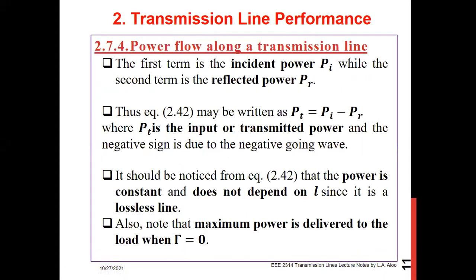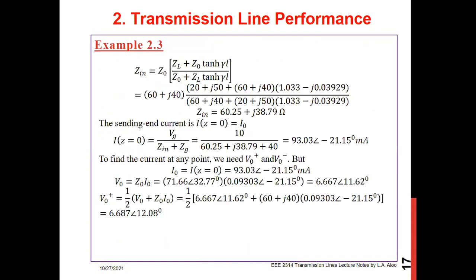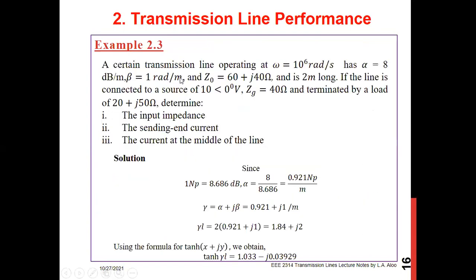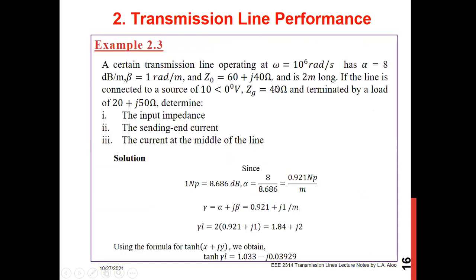And you can confirm again at your own free time that, when you remember here, we were not told whether the transmission line is lossless or lossy, but the fact that it has got alpha here, which is not 0, means the line is lossy. So when you substitute, the value of ZL we know, Z naught we have been given in the problem statement.